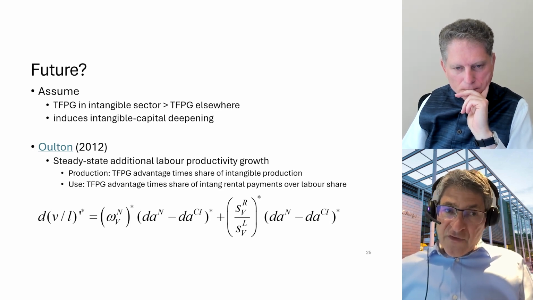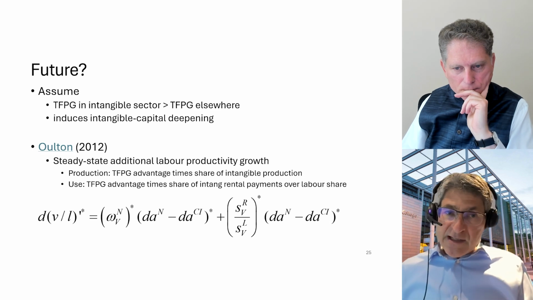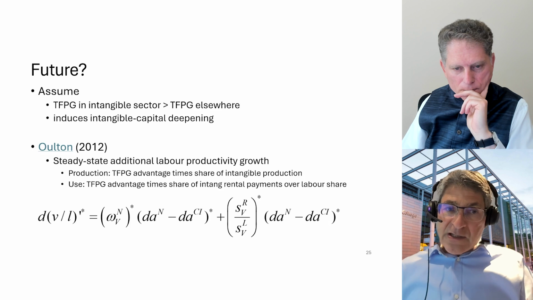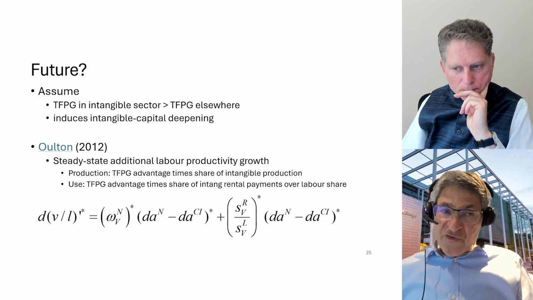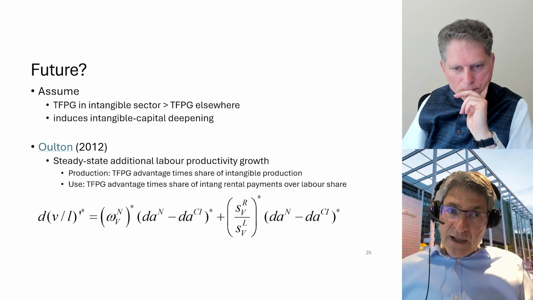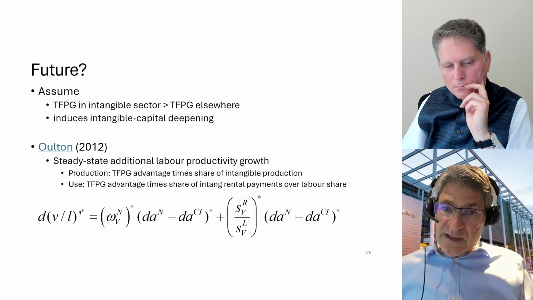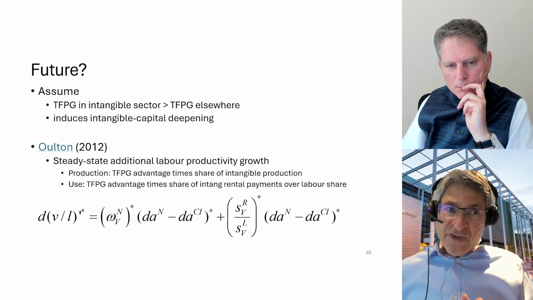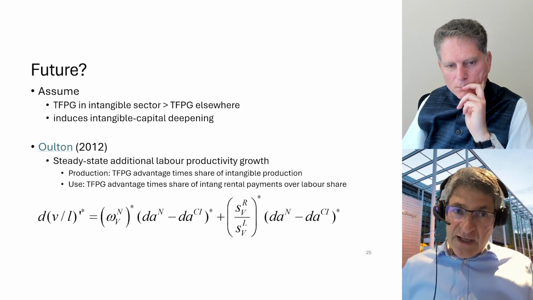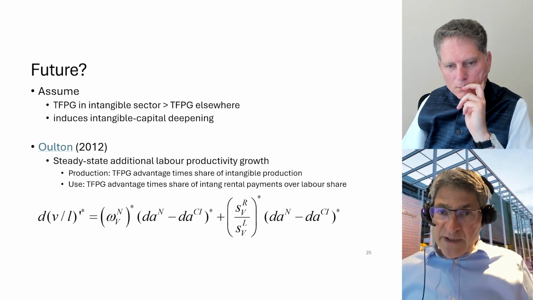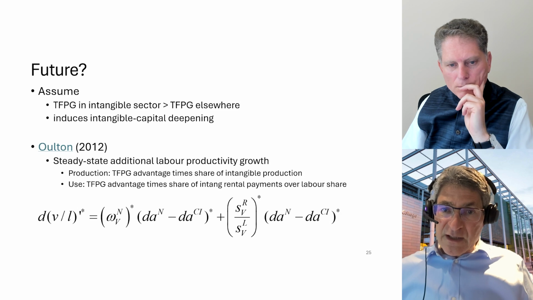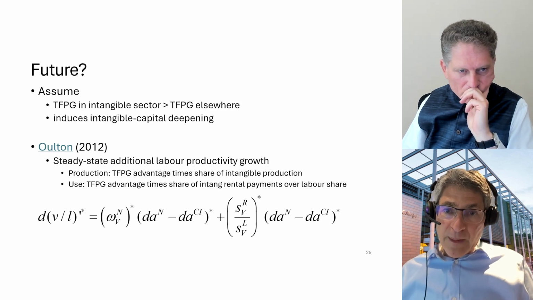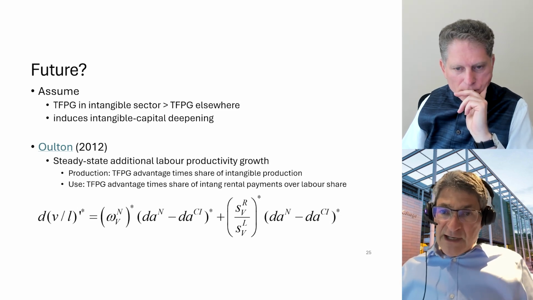And then since you're then using it in the downstream sector, and the using it is endogenous as well, it's the TFP advantage there scaled by the share of labor and by the share of payments that you're making to this advanced capital. So if you think about a one sector model, this essentially says that the increase in productivity is like TFP divided by the share of labor, which is kind of a standard result from the Solow model. So this is a sort of steady state relationship.